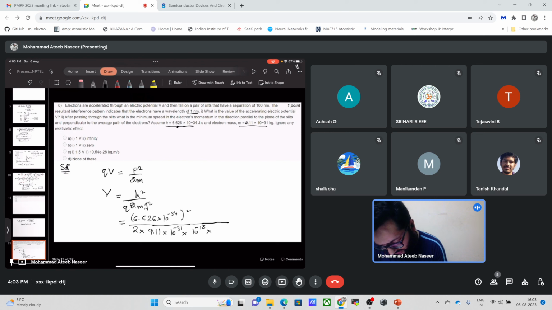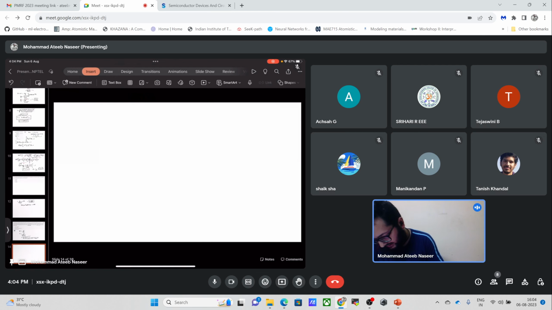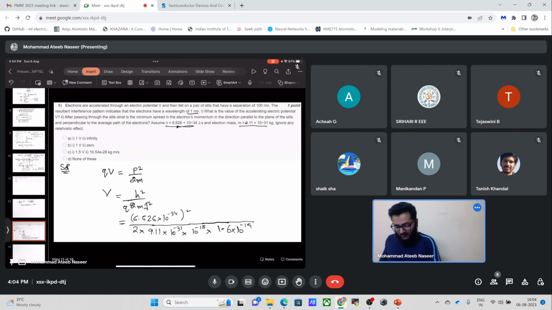Mass is given, into the electronic charge, 1.6 into 10 to the power of minus 19. So let's solve this.